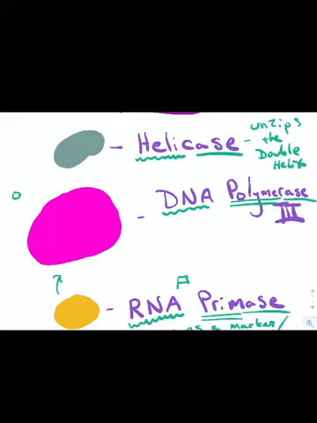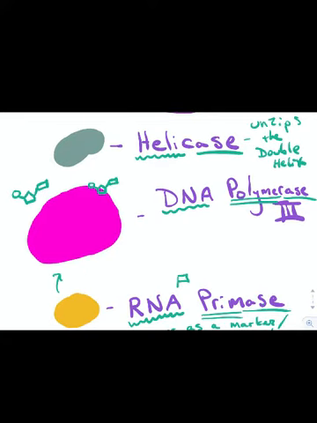You have nucleotides that are freely floating in the nucleus, just like this, and the DNA polymerase is going to snatch them up and stick them into the right places, using one side of the DNA as the template for knowing which one goes where. Like we said before, if the template says that it's an adenine, then the DNA polymerase needs to grab a thymine, because adenine always binds with thymine.